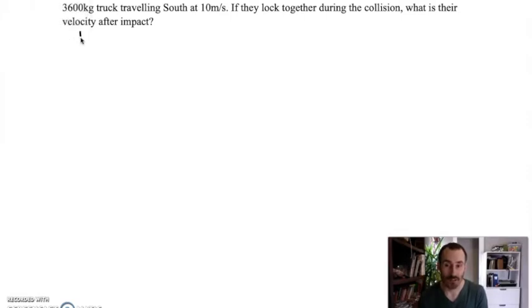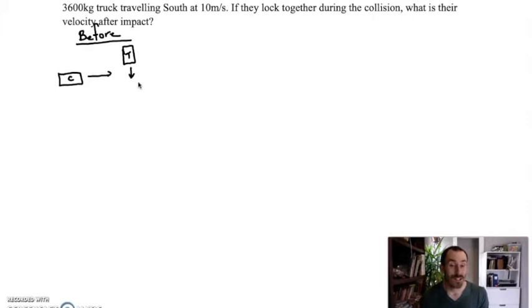Let's go like this. So before impact, we've got a car traveling this way, and we've got a truck traveling this way.